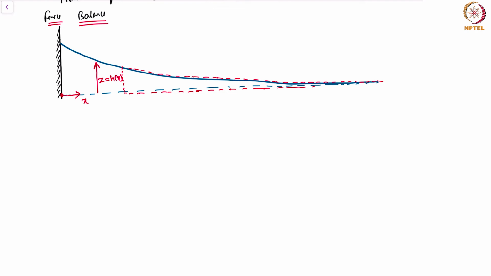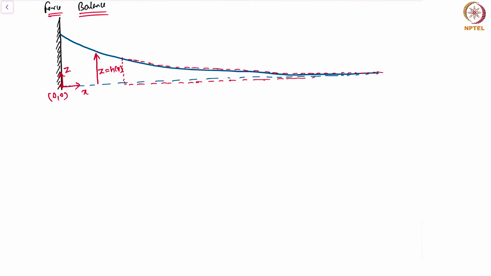This is x and this is z and this is my origin, right? So now we will also remember that at any arbitrary location I can actually have a local angle, that is the angle that the interface makes with the vertical, and at the wall the angle is theta e.